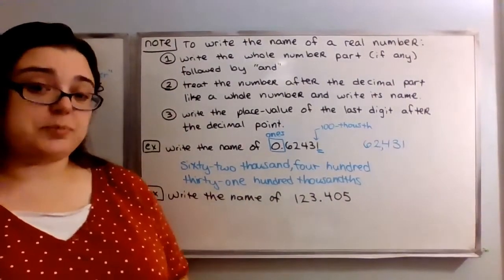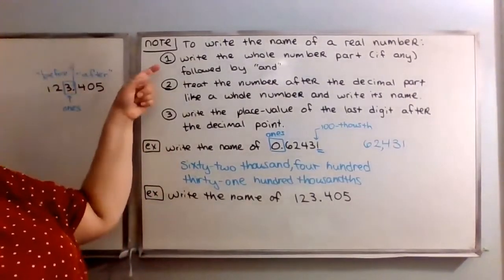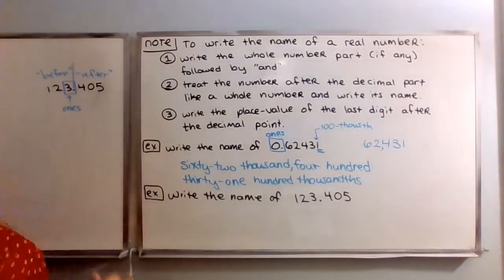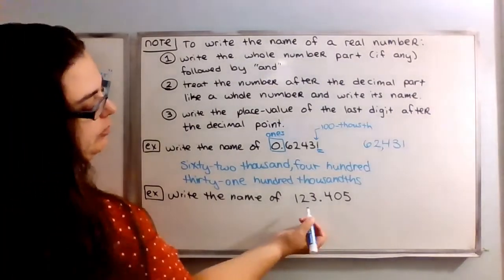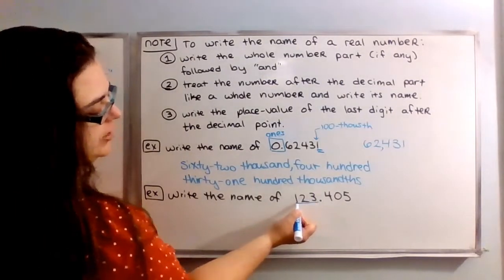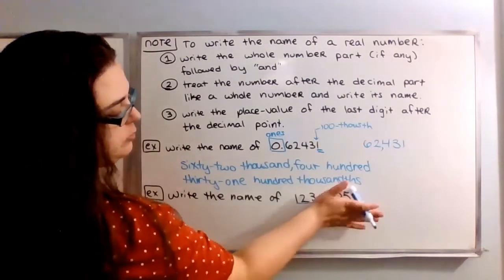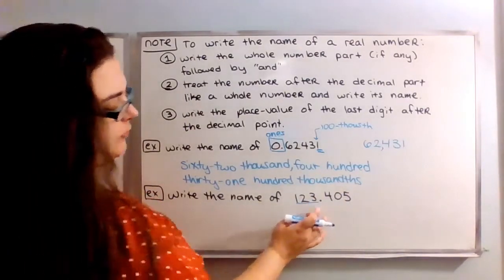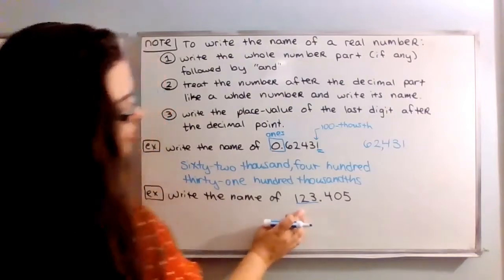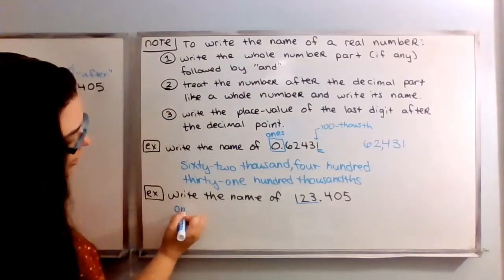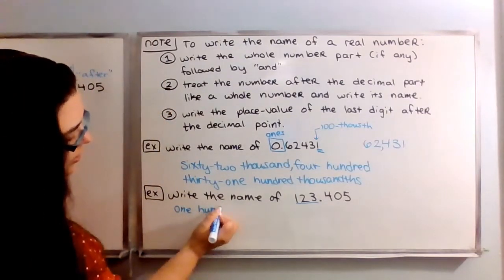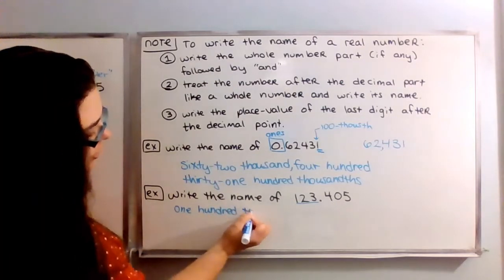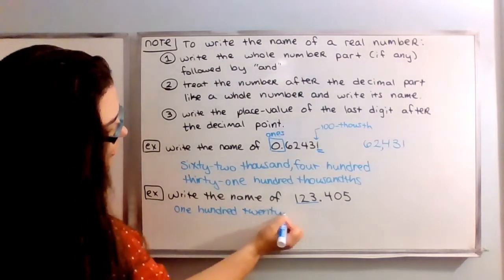Combining these steps together, for step 1, we're going to write the whole number part followed by and. What we mean by that is everything that's in front of the decimal point. So I'm going to ignore the decimal point and everything to the right. I have 1, 2, 3, so that's going to be the number 123.